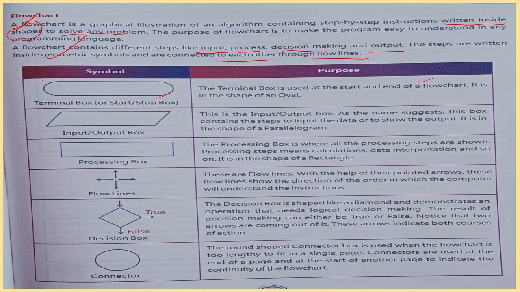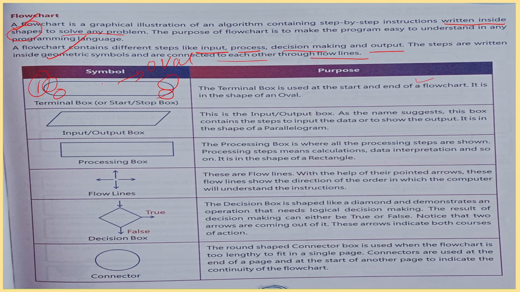So the first symbol is known as the oval shape. This symbol is not rectangular, it is rounded at its corners. This box is also known as the terminal box or start and stop box.